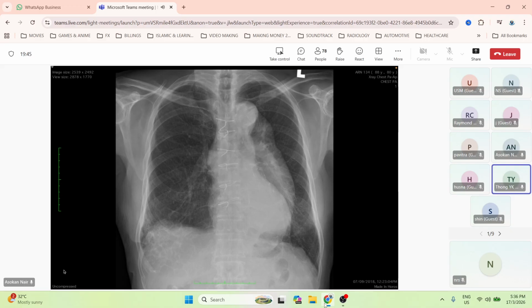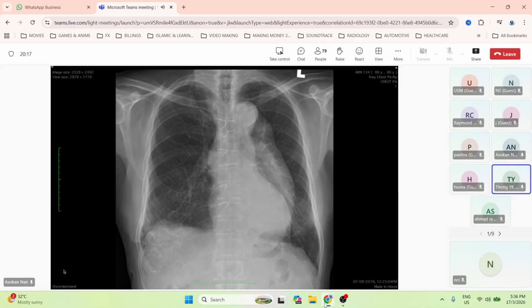In addition, there are some reticular opacities also at the right behind the retrophrenic region, and overall, I think this is a left-sided posterior mediastinal mass, and with the patient's history of what looks like a bypass, this patient might have some cardiovascular risk factors.